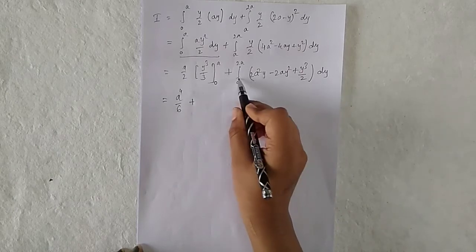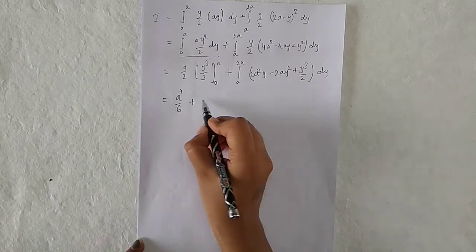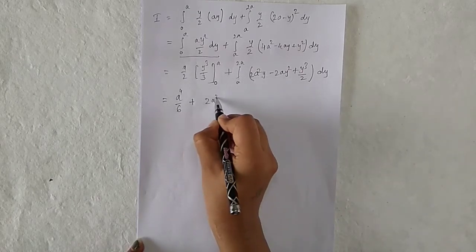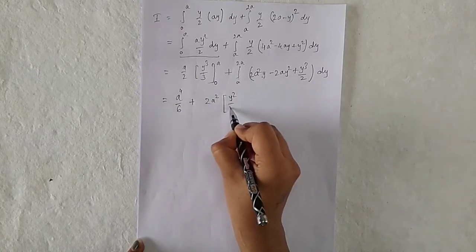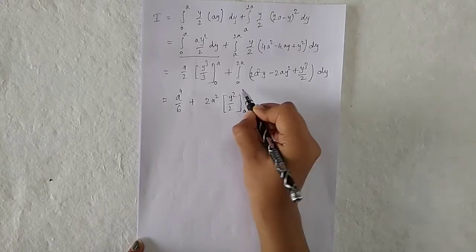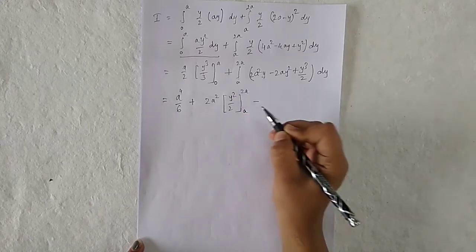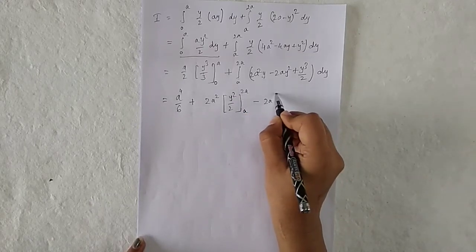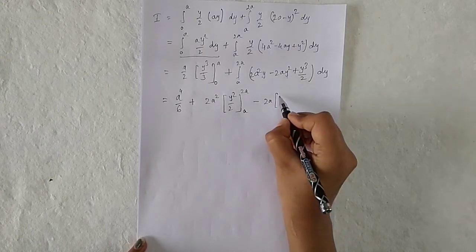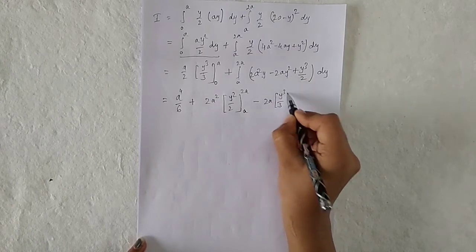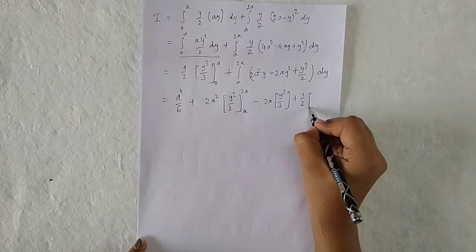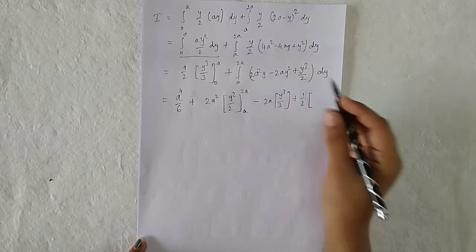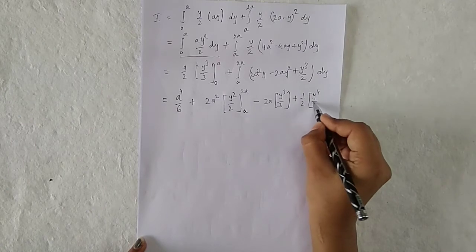Plus integrating these terms: 2a square is constant, the integration of y is y square by 2, and the limit is a to 2a; minus 2a is constant, the integration of y square is y cube by 3; plus 1 by 2 outside, and the integration of y cube is y raised to 4 by 4.